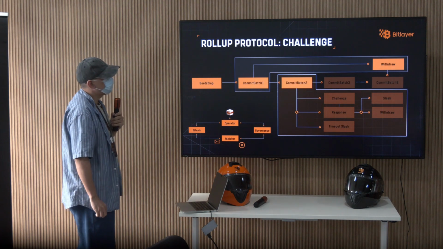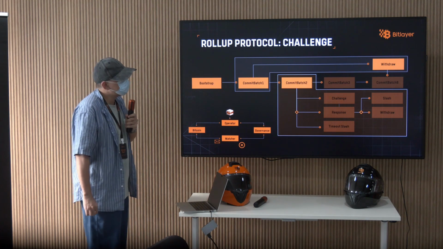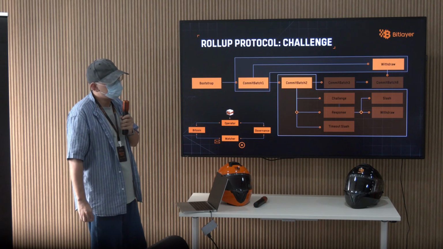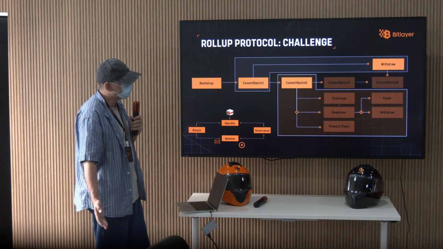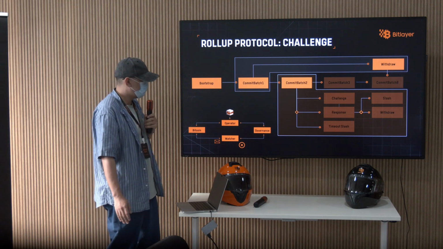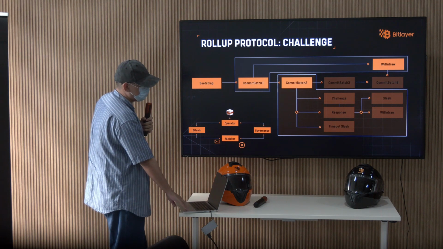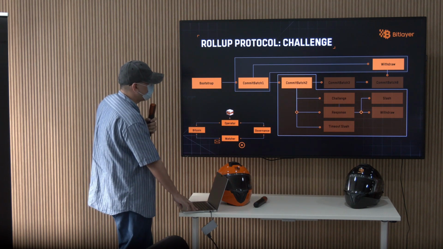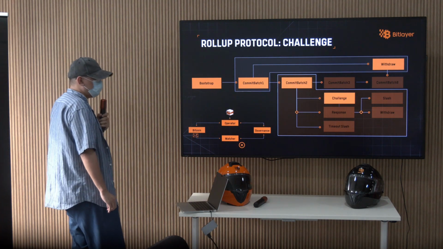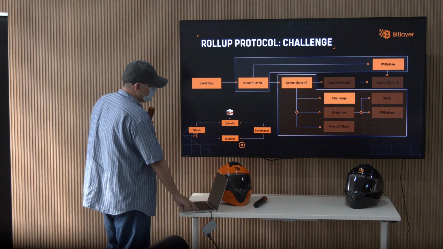Also here we'll talk about the challenge case. If the operator submits wrong information about the commit batch, especially maybe a fake proof, or a wrong state mismatched with the proof, the watcher will definitely know that it cannot pass the verifier script. Then he will send the challenge transaction to the network to start a challenge game.